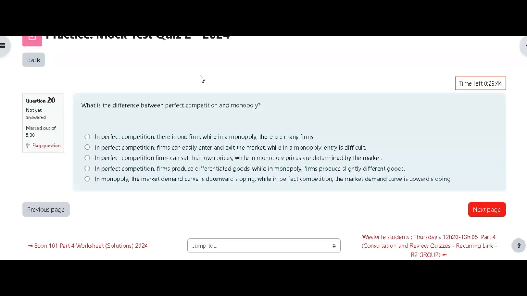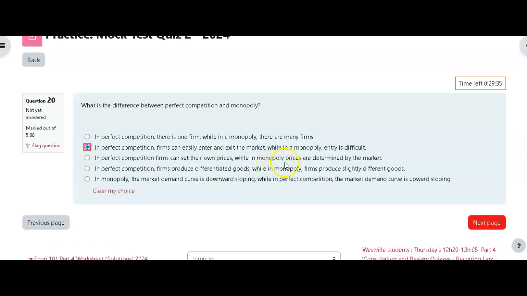So let's see. In perfect competition, firms can easily enter, yes. In monopoly, entry is difficult. Correct. You can't become Econ just like that. But perfect competition, like shops, you can easily go into them. You can easily open up a shop on the road, easy.